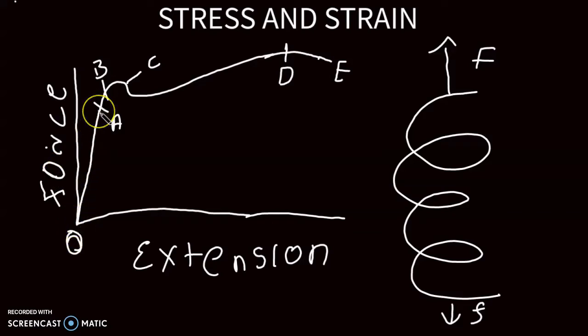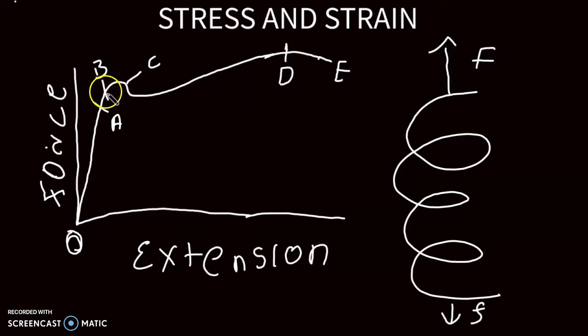Point number A is called the limit of proportionality, meaning that if we get to point number A and still apply force beyond number A, the object is no longer respecting Hooke's law, meaning the force and the extension are no longer proportional.